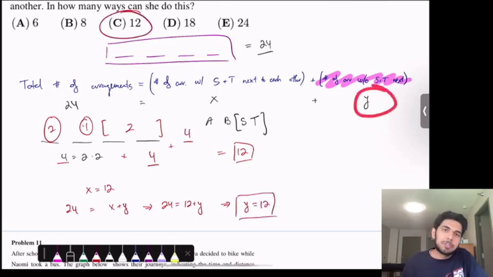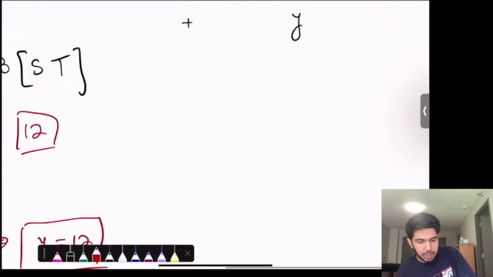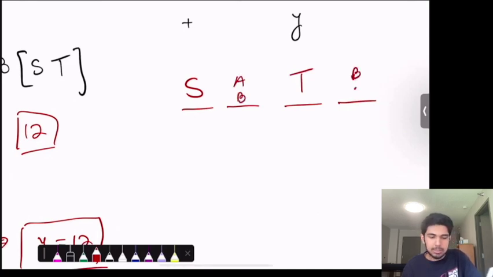So you could also solve for this directly, also by doing casework. It would be a very similar thing where we have the 4 spots, and then maybe we would put S here, and then we don't want T next to it, so we would consider when T goes here, and then arrange the A and the B, so there's 2 options.